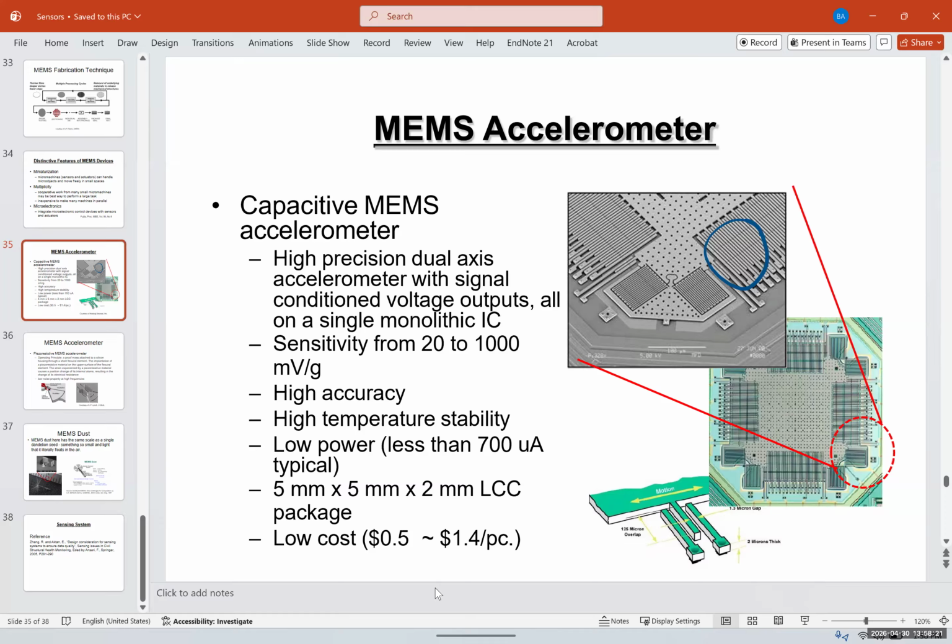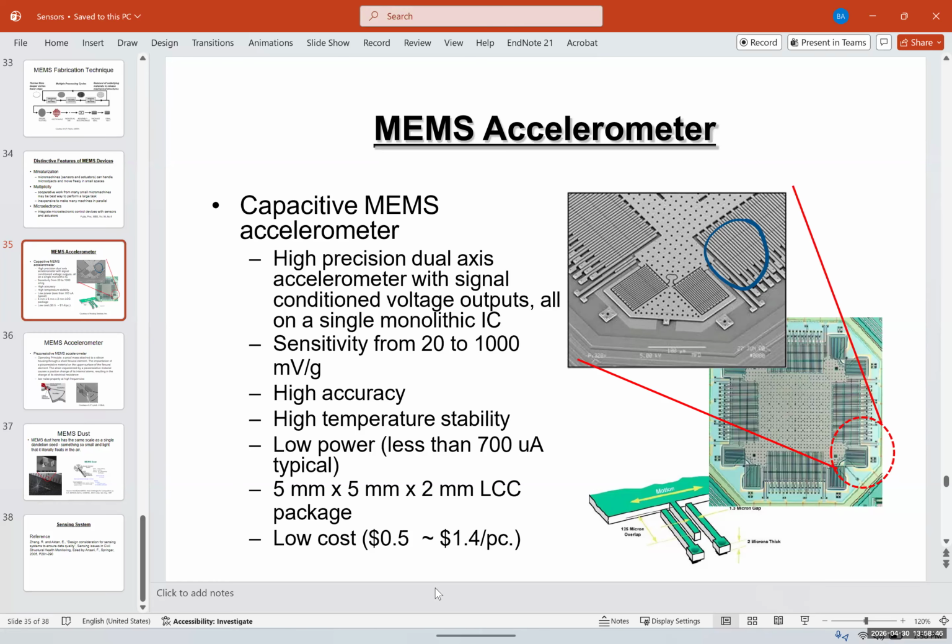So capacitive MEMS accelerometers have high precision, dual axis, with signal conditioned voltage outputs, all on a single monolithic IC. Monolithic means it's made out of a single material. The sensitivity is from 20 to 1,000 millivolts per G, which is higher. We have very high accuracy, high temperature stability, low power.